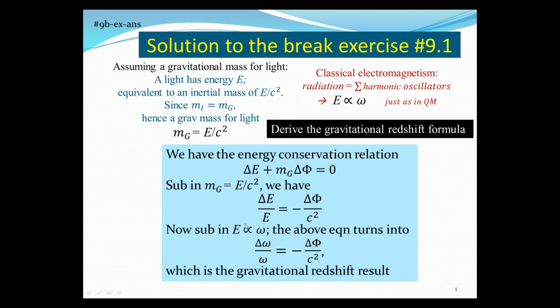Then of course substitute E as proportional to frequency, so the left hand side is simply the fractional change of frequency, equal to minus the change in potential over c squared, which is the gravitational redshift result. So we have assumed gravitational mass, and it allows us to use energy conservation to derive the redshift result.